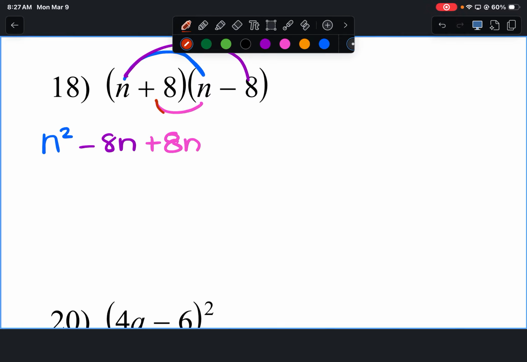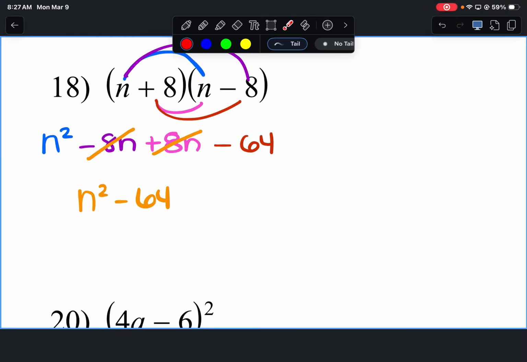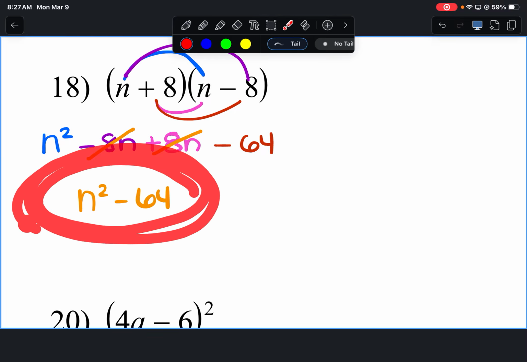Then 8 times negative 8 is negative 64. Now, what will our final answer be? n squared minus 64. Okay, because those two things cancel out. Negative 8n plus positive 8n cancels out. Now, if we were factoring this, what is that? It's a difference of squares.